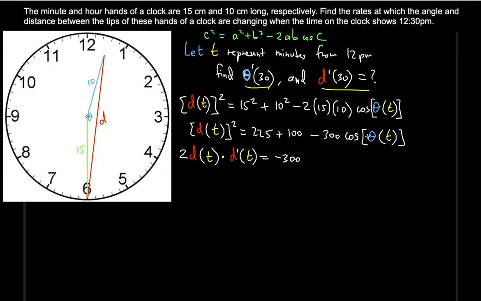Now, first we differentiate the outside function. The derivative of the cosine is minus sine, right? The negative of sine. So we're going to say the negative of sine of theta of t. We didn't differentiate the theta yet. And now we're going to differentiate the inside, which is theta prime of t, right?